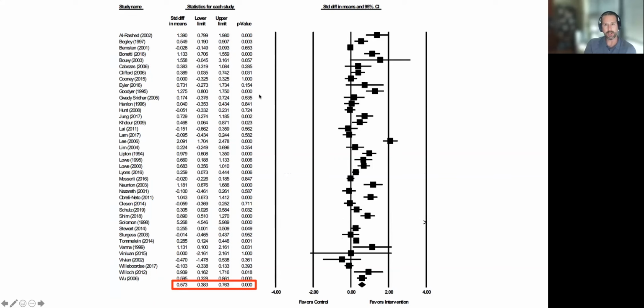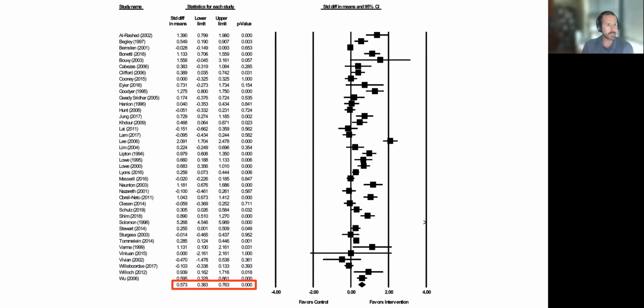And this figure here just shows the effect size. And when it's to the right of 0, it favors the intervention. And down here in red is the summary effect size. You probably notice a couple studies were outliers. We removed those and reran the analysis, and the effect size came down to 0.41, but still in a beneficial direction.